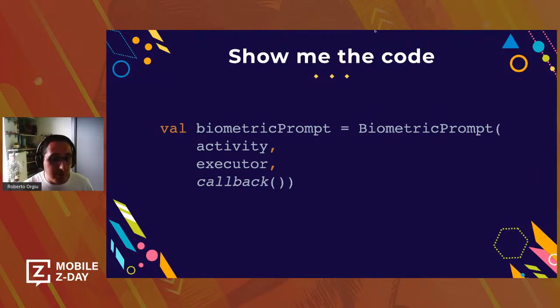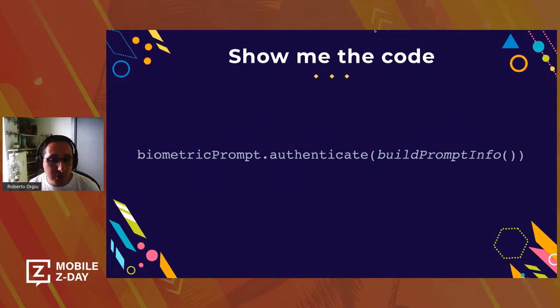So we created our biometric prompt, the prompt info, that is our UI, and the callback. And now we can authenticate our users with a single line of code, which is this one. So we will use the biometric prompt to authenticate by using the prompt info that we created.